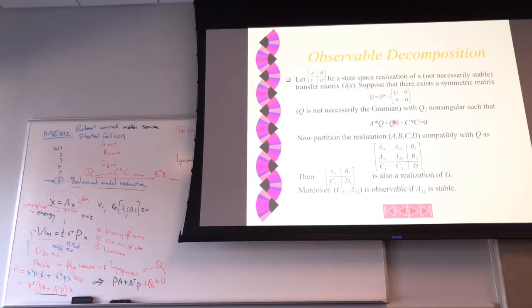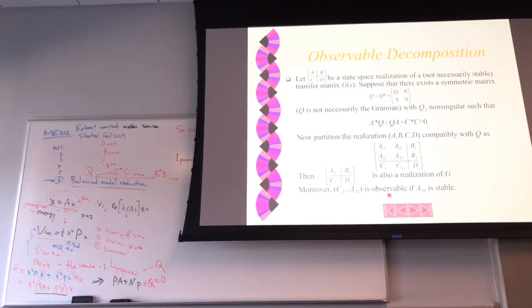The same thing, we can do the partition, something like this. So it's also a realization. So in this case, if C1, so this one C1 and A11 is observable, if the A11 is stable, okay.